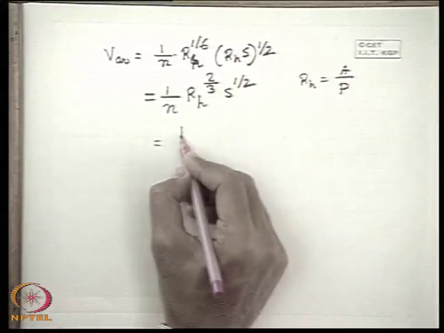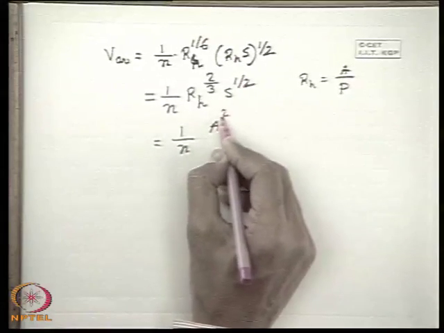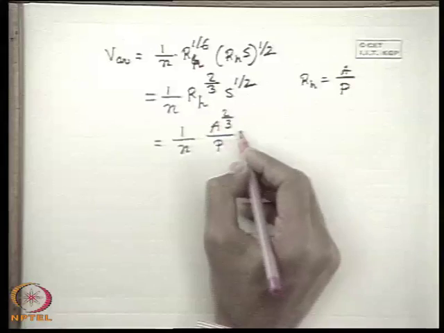And if I write A by P for RH, then we can write 1 by n A to the power 2/3 by P into S to the power half.